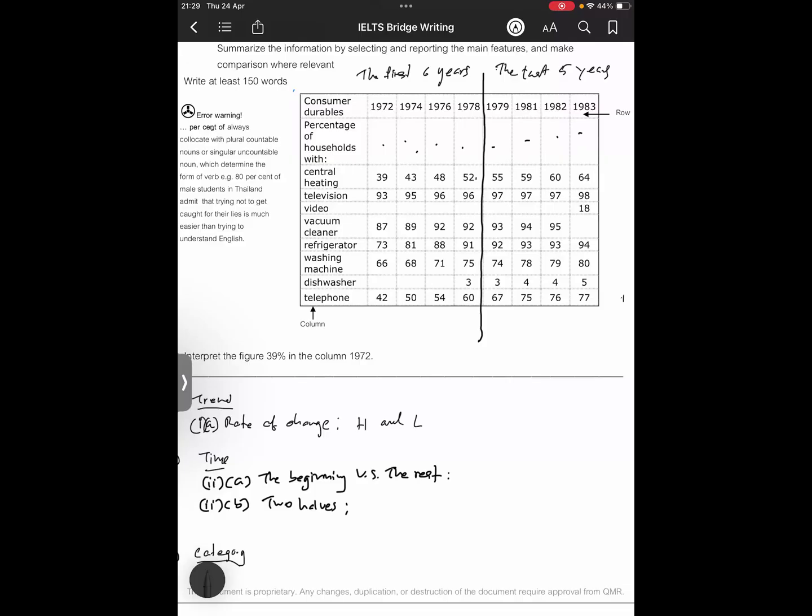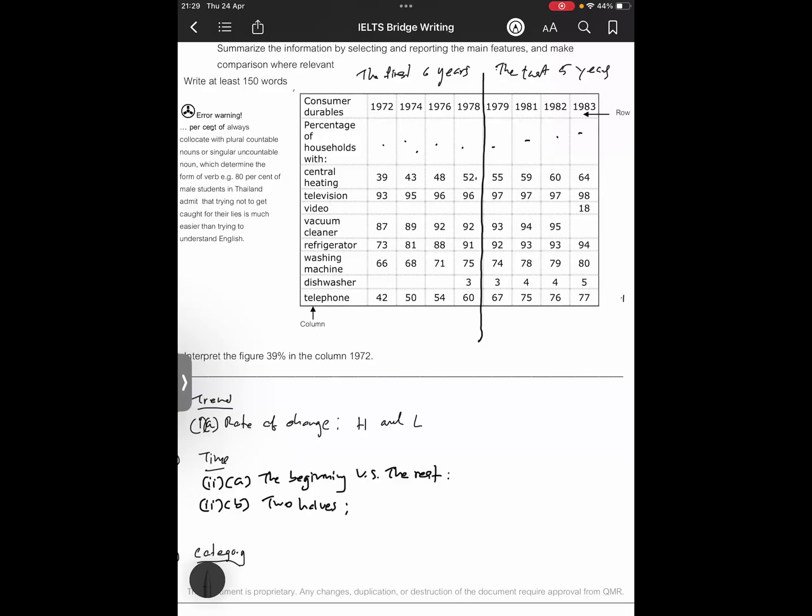So for the first 6 years, you can talk about so many things here. For example, we can sort of do the ranking. So we can say which items have the greatest number of owners. Okay, we can rank them. So TV, vacuum cleaner, and refrigerator, they're going to come up top.